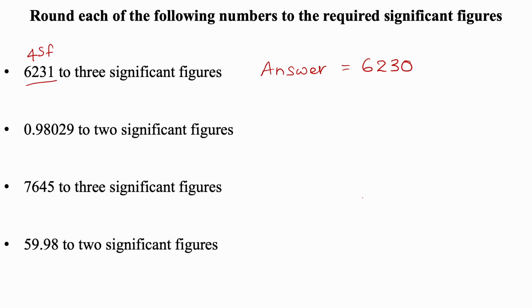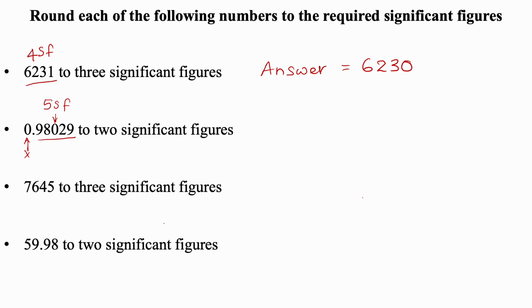Next one, 0.98029. There are 2 zeros here. When you look at the 0 here, this is not significant. It acts as the placeholder. But this 0 here is significant because it's between non-zero digits. Therefore, you have totally 5 significant figures in this number.